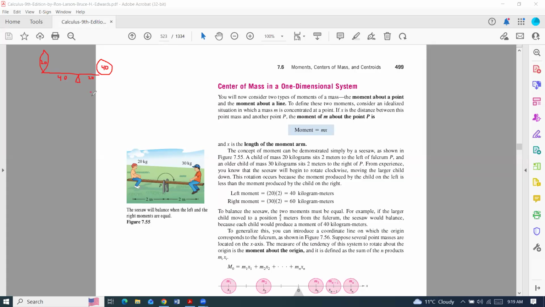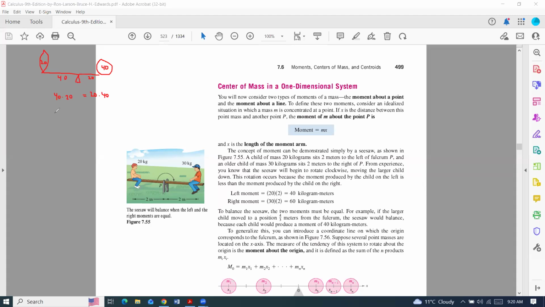So that way, on one side, 20 times 40 will be the same as on the other side, 40 times 20. Right? So both will be 800, so they will balance. If one kid weighs twice more, you should put him twice closer to the equilibrium point, and the one that weighs twice less will be twice farther to compensate.